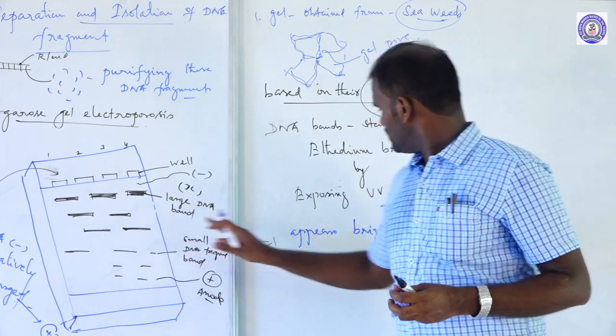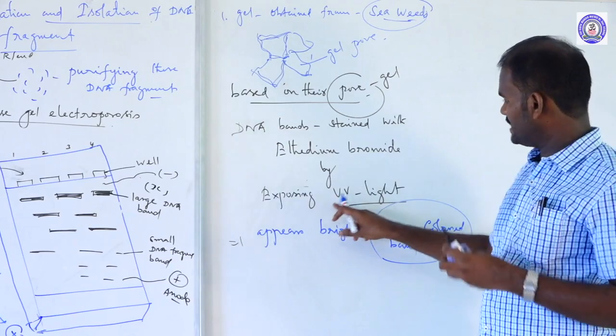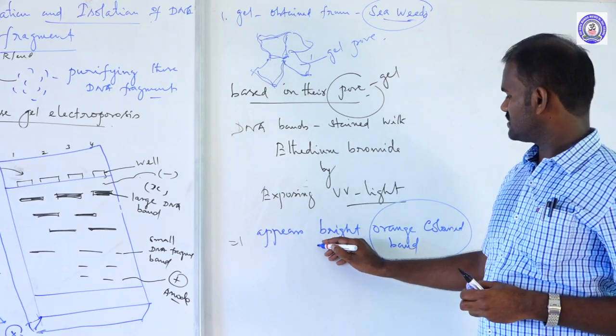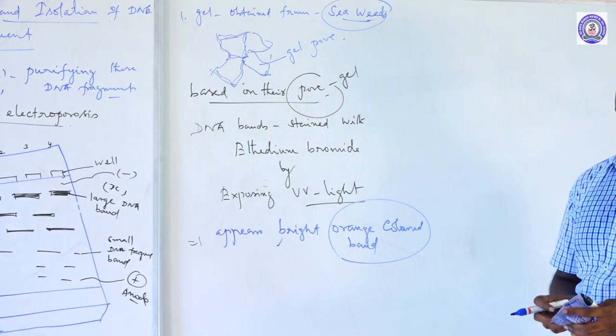After staining the bands with ethidium bromide and exposing them to UV light, they appear clearly as bright orange bands.